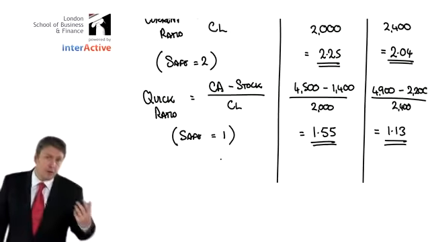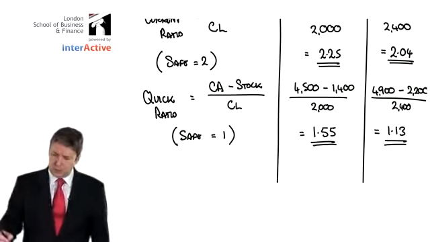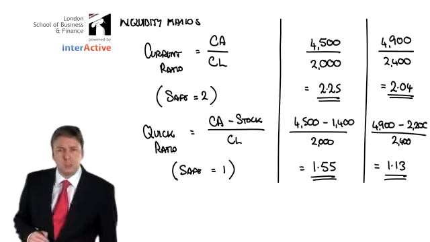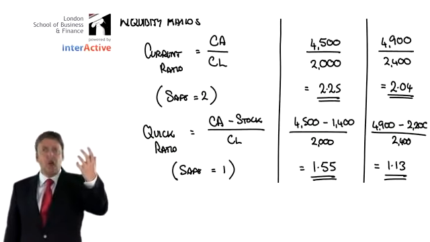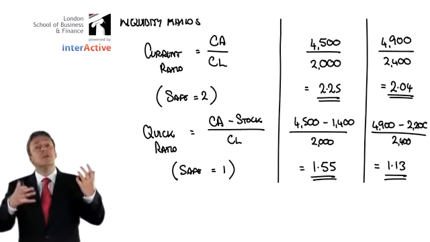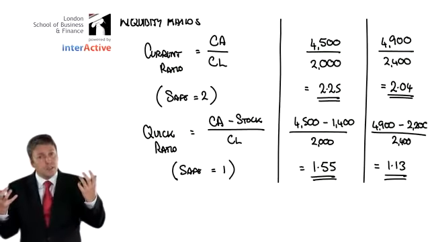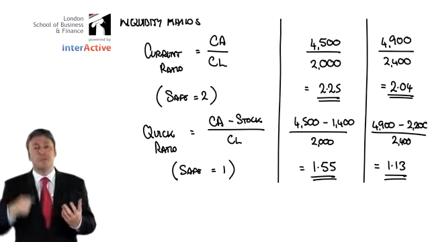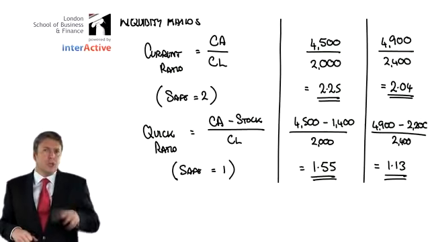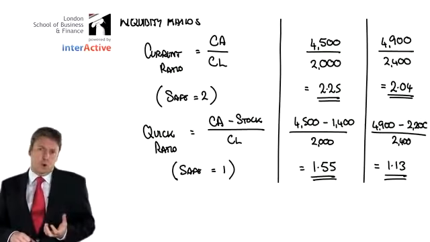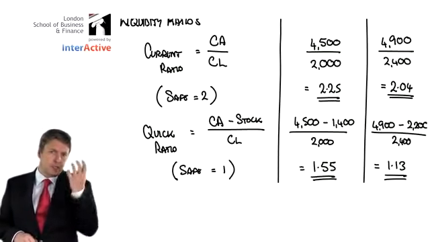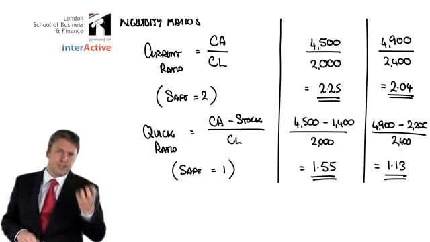If we're looking at the current ratio, 2 to 1 simply suggests this. Of the current assets, 2, half of them are funded by the current liabilities, and therefore the other half must be funded permanently. So looking back to our idea of funding, if we have more than half our current assets funded long term, that's considered safe.